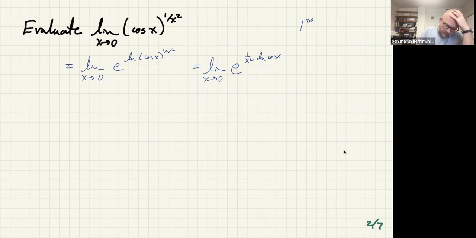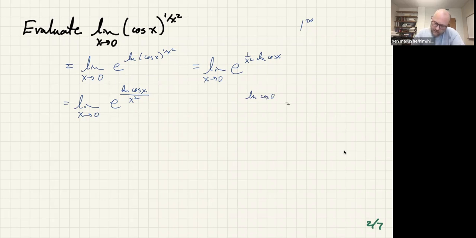And then we can say equals the limit as x goes to 0 of e to the log cosine x divided by x squared. Okay. Now, if we think about plugging in, as x goes to 0, cosine x is going to go to 1.